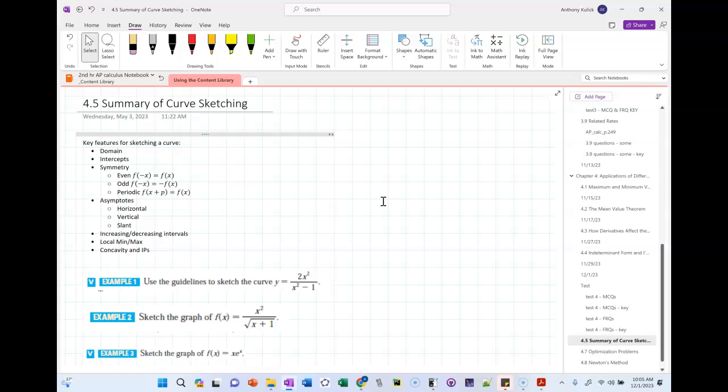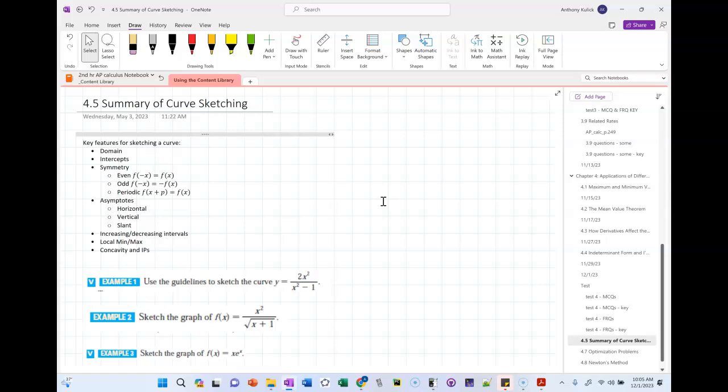The features we're concerned with are the domain, so I'm interested in possible discontinuities. Those for sure have to make it into my graph. Then the intercepts, both x and y, the places where we cross the x-axis or the y-axis.